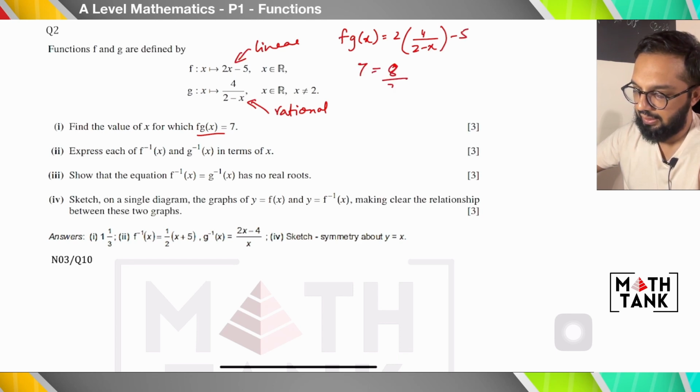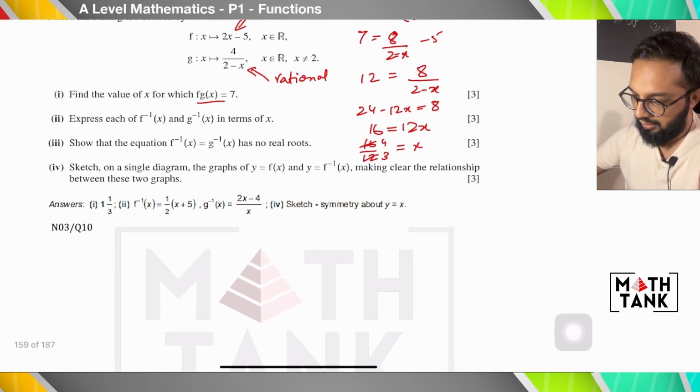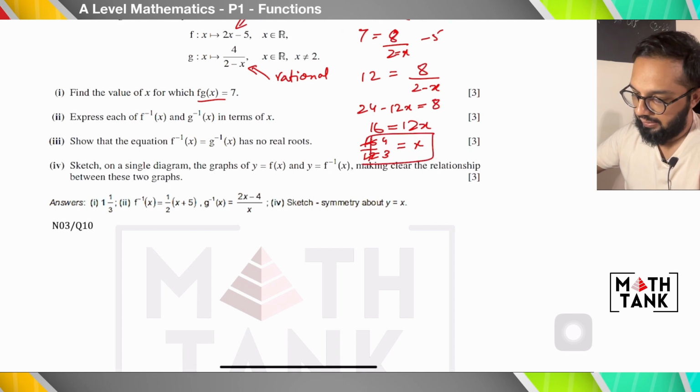So 8 over 2 minus x equals 12. 24 minus 12x equals 8. 16 equals 12x. x equals 16 over 12. That's 4 over 3. That's my final answer for this.